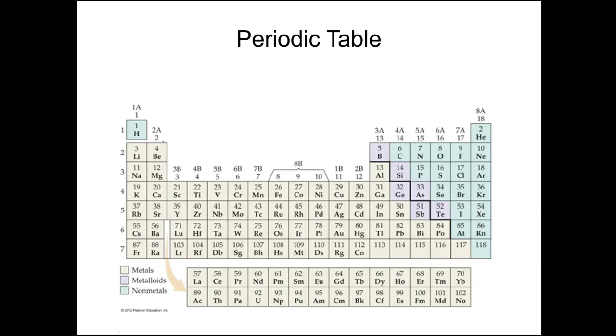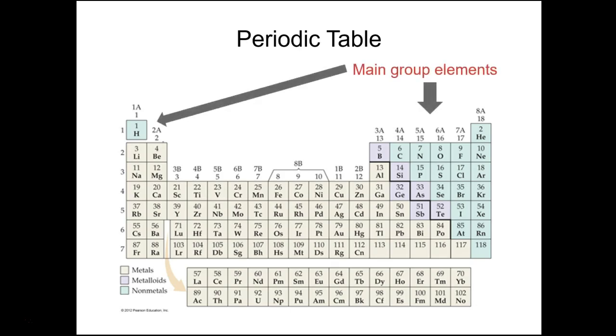One other classification that's useful to know about on the periodic table is what are known as the main group elements versus the transition elements. The elements in groups 1 and 2, or 1A and 2A, and then 13 through 18, or 3A through 8A, are known as the main group elements. And the elements in groups 3 through 12 are known as the transition metals.